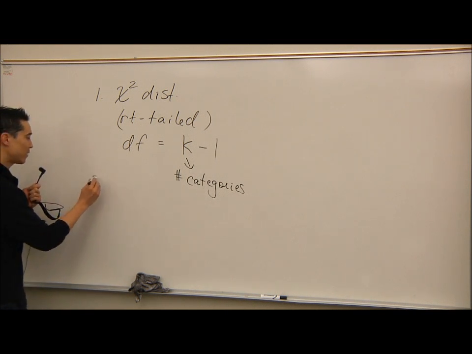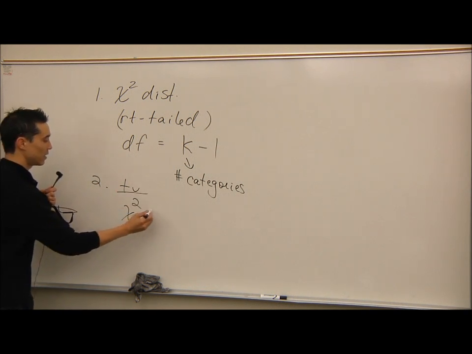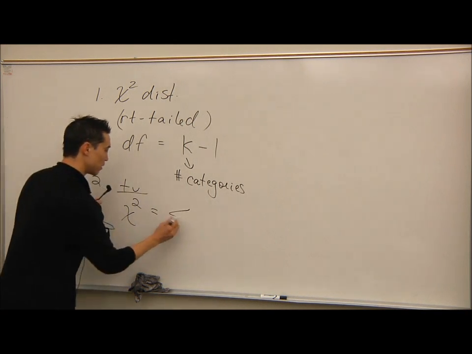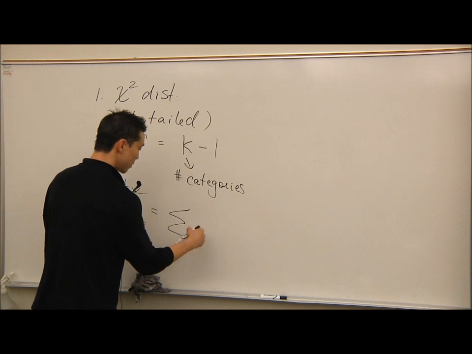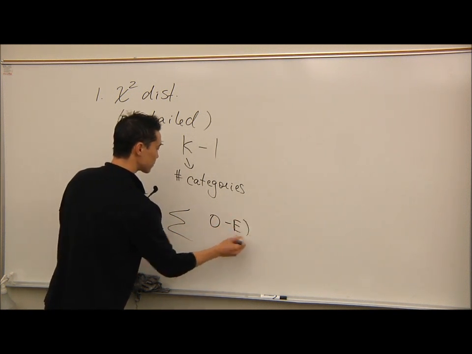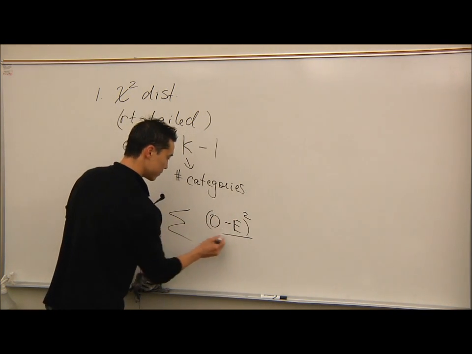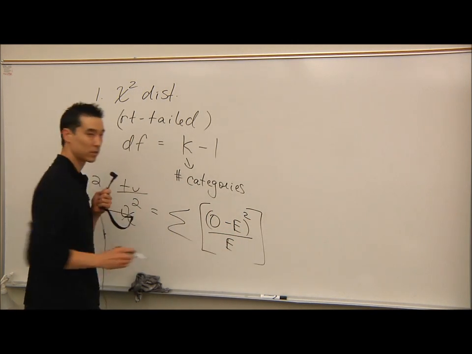All right, and then finally, what's the test value formula look like? It looks like this. And again, you have to have those O's and E's down. So it's summation, and I'm just going to put a big parentheses because this all is being summed. You have O minus E, quantity squared, divided by E. And we're summing that thing several times.